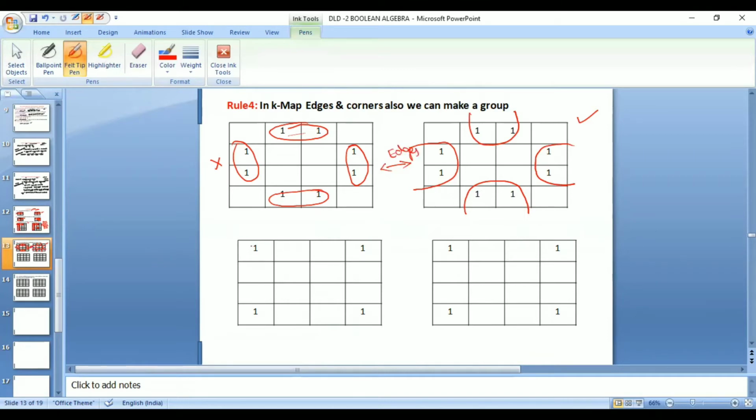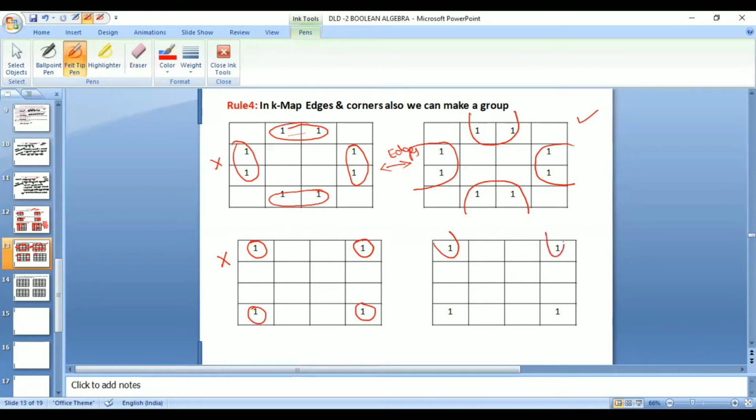Next, corners. If you observe here, you may think that this minterm is placed separately. If you think like this, this is the wrong way to group the minterms. The correct way is that these corners also we can make a group.